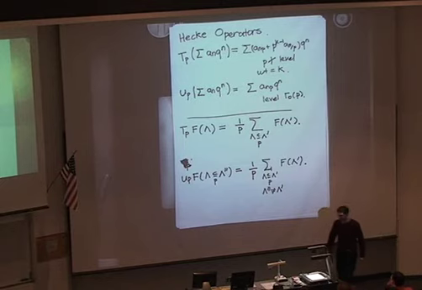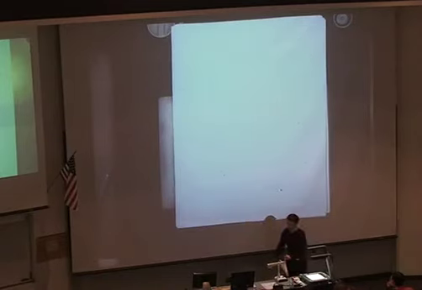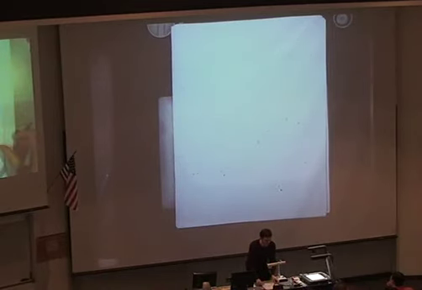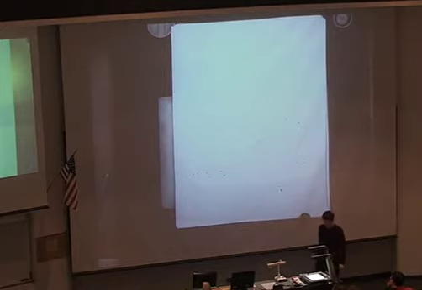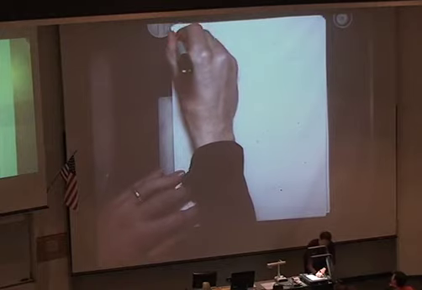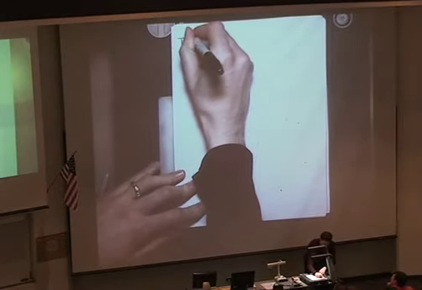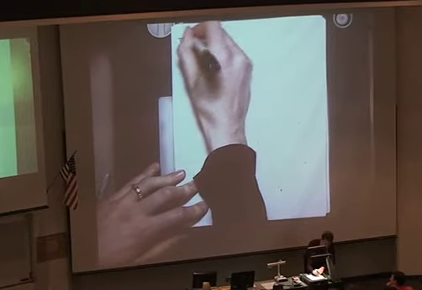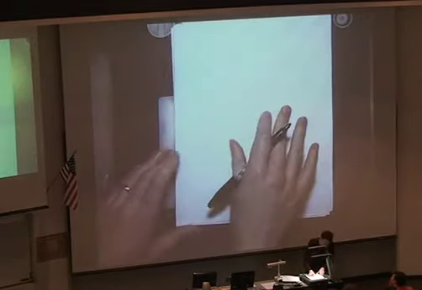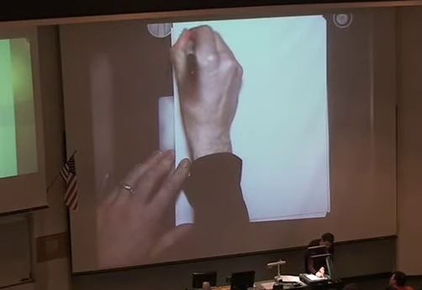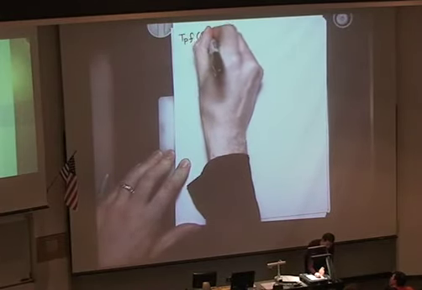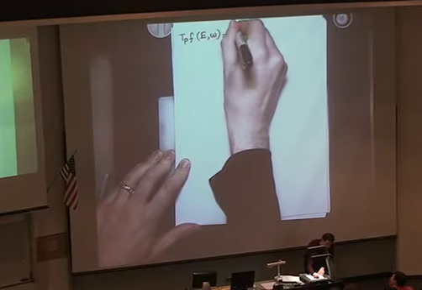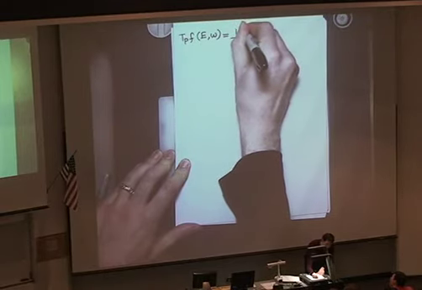And you can also describe these things in terms of elliptic curves as well. So for example, if I want to define T_p of f on an elliptic curve and some differential, again, we're going to have a sum, 1 over p.